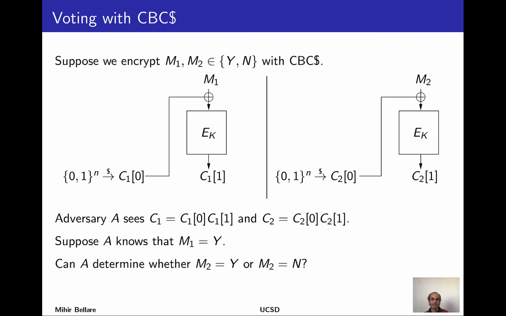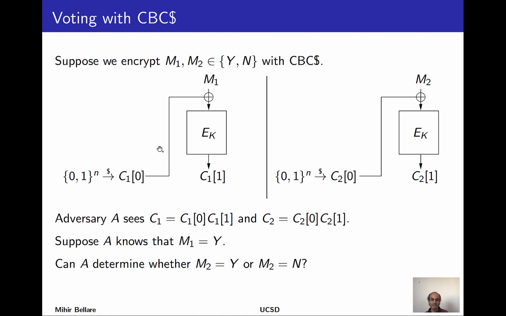There we were encrypting either a yes or no message, and we were violating security by the fact that the ciphertexts communicated whether the messages were equal or not. Ciphertext equality and message equality occurred simultaneously.